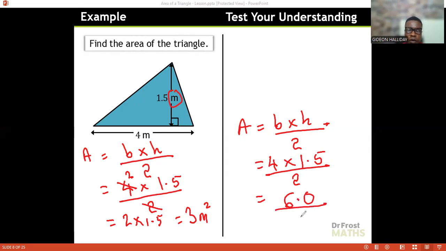And then you divide by 2, and that still gives you 3 meters squared, right? But the reason why I prefer this method, if one of the dimensions can be divided by 2, beautiful. The reason why I prefer this first method is because the numbers get smaller when you cancel by 2 first. But here the number gets bigger, and more difficult to divide by 2 afterwards.